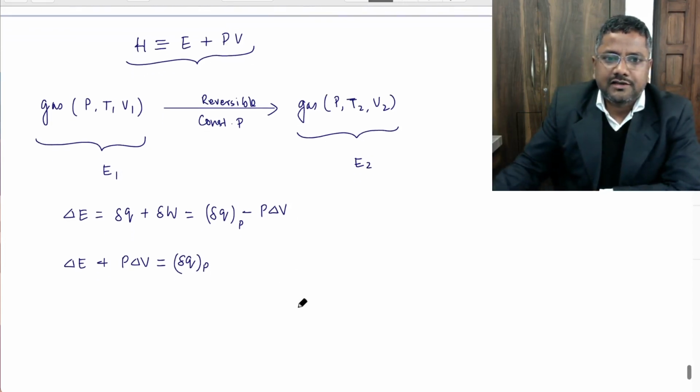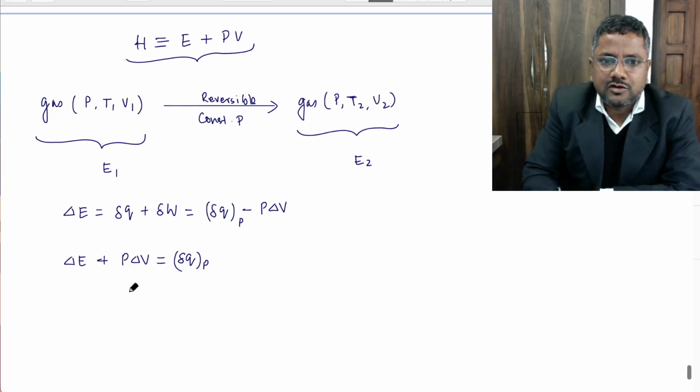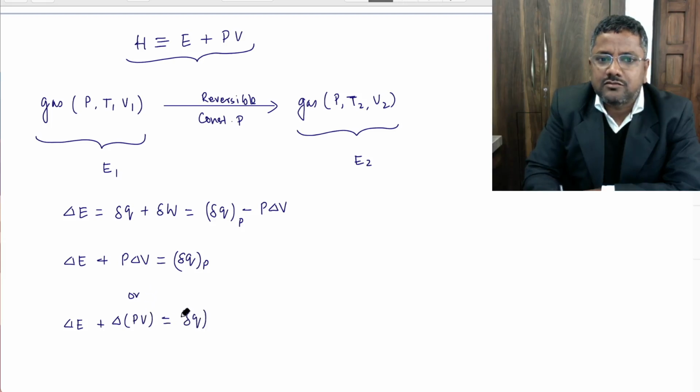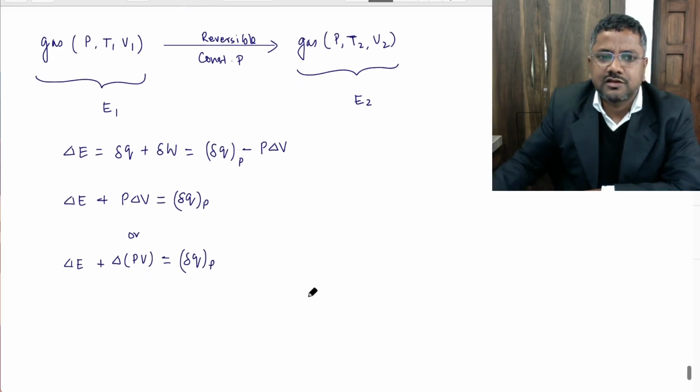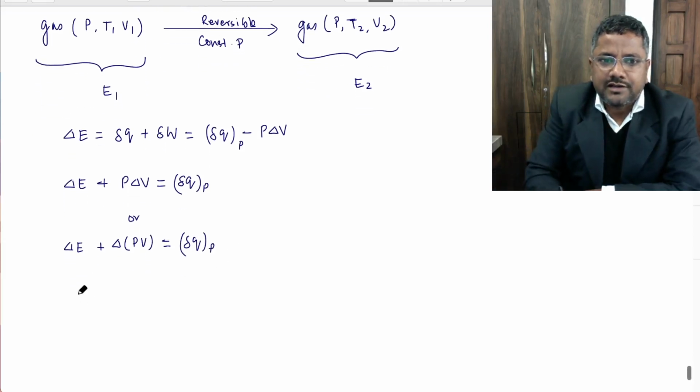Or we can write delta E plus delta PV is equal to delta Q at constant pressure, or delta E plus PV is equal to delta Q.